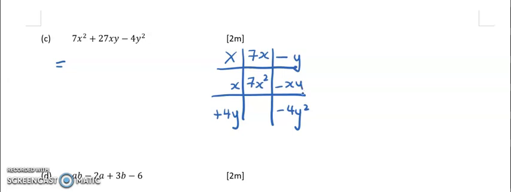Then I fill in the blanks. Okay, 28xy minus xy, isn't it 27xy? So good, I got the answer. Then I will just write it down here. Okay, next.